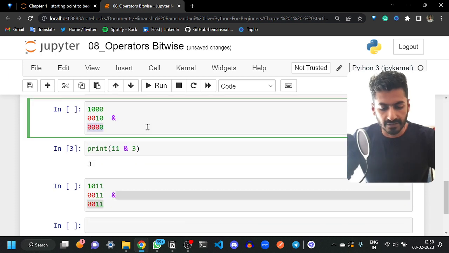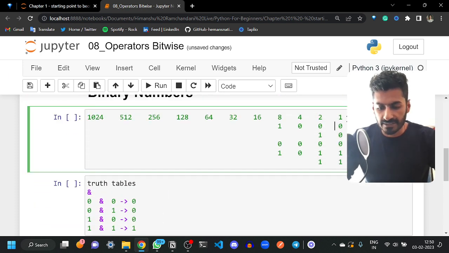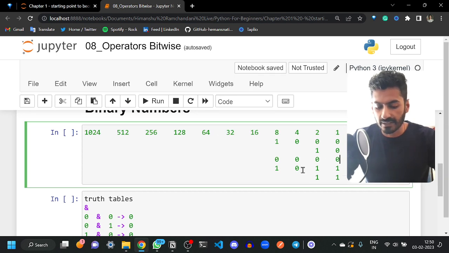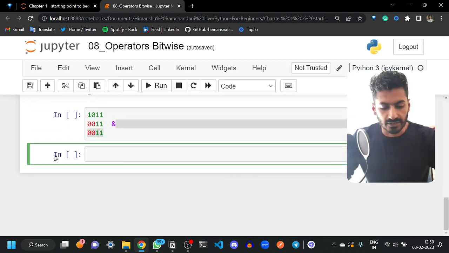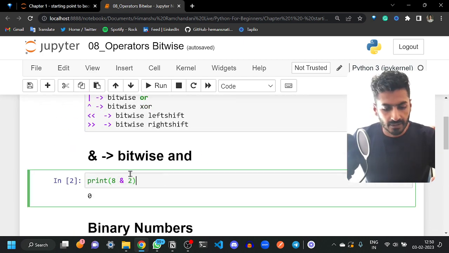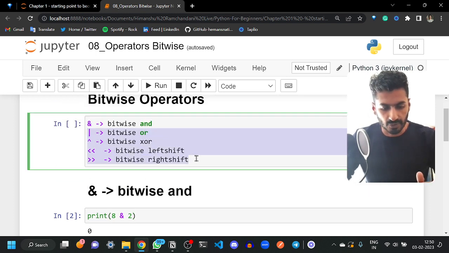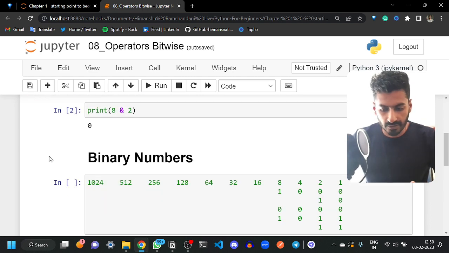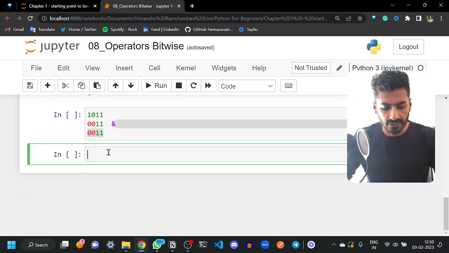Once you get the binary, again check it and put it below this particular series, and you will get the output. Okay, so this is how bitwise AND works. Let me break down this particular topic into subtopics so that we can focus on each of them individually.